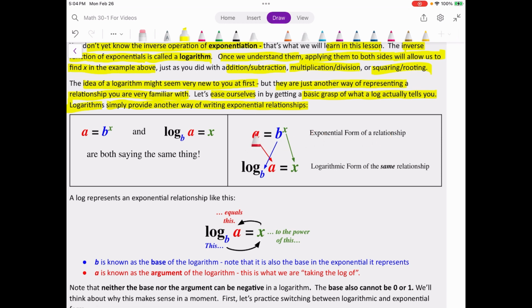Okay, so taking a look here, this is it. Exponential form of a relationship, we say a equals b to the power of x, and then in the logarithmic form of the same relationship, that's the key idea, nothing different here, it's the same relationship, we could write this as, we would say out loud, log base b of a equals x. So log base b of a is equal to x.